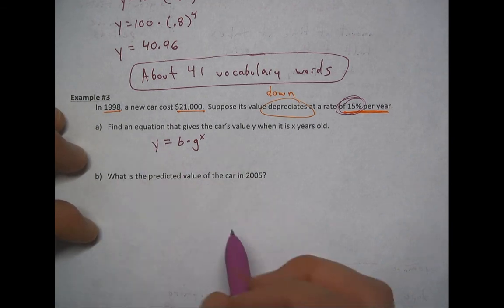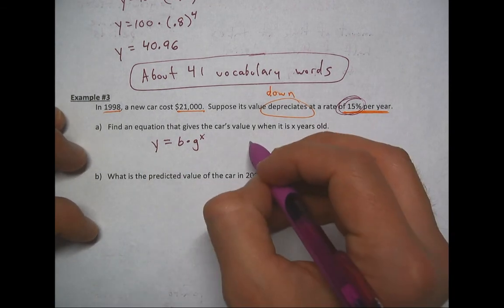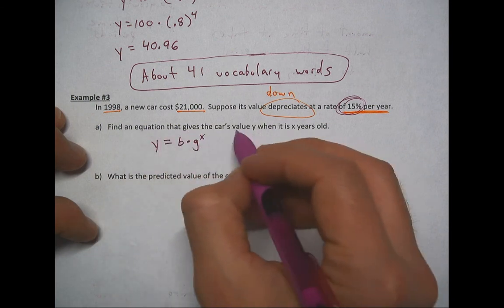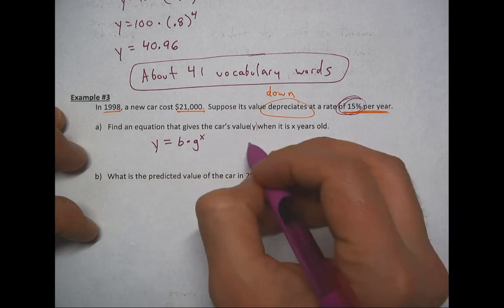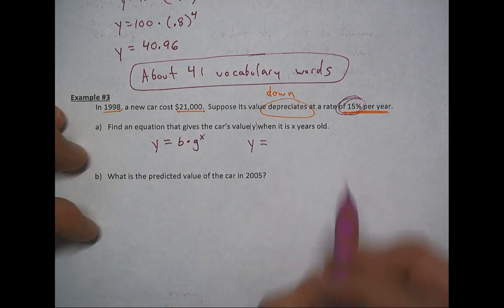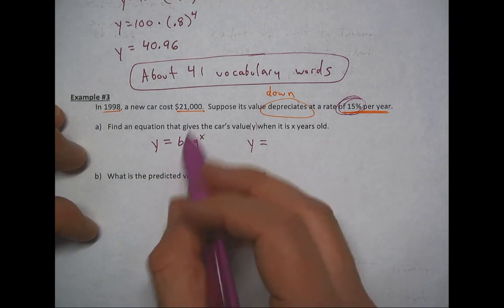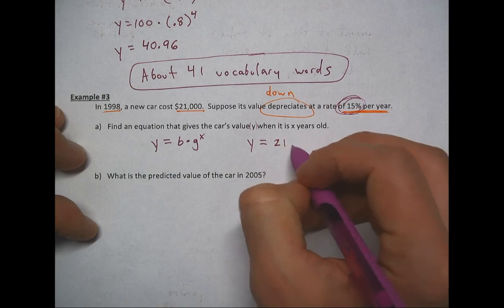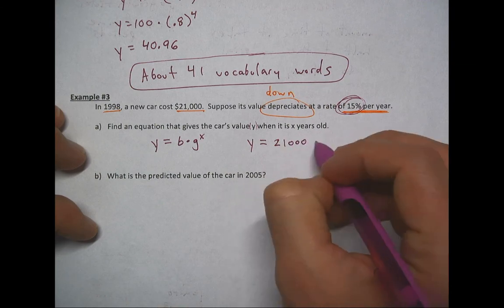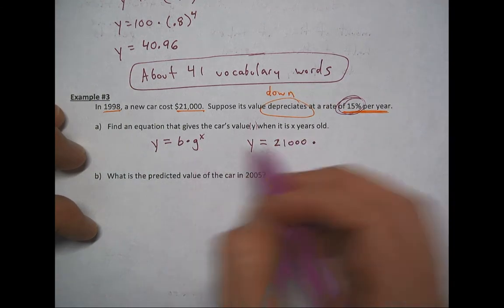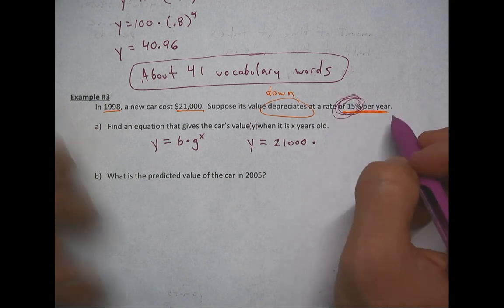And now let's plug in the information that we've got. So they want to know, find the equation when the car's value, which you're going to represent as y, so y equals, we're also going to have an x here for the years old, for any number of years old. So B is your starting amount, 21,000, times your growth factor. Now, it's depreciating 15%.